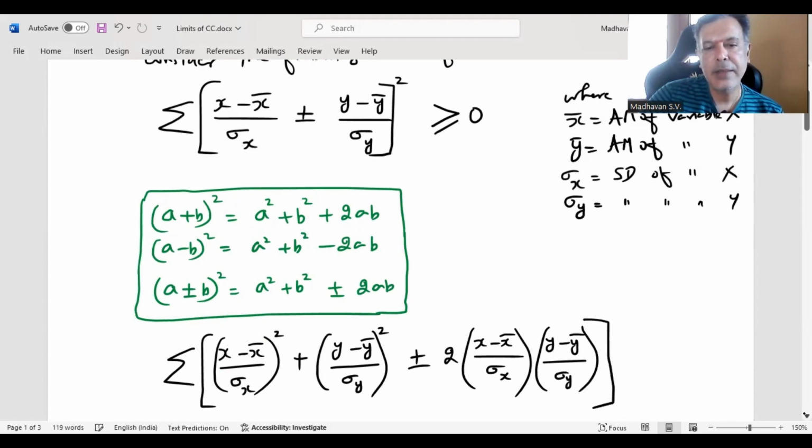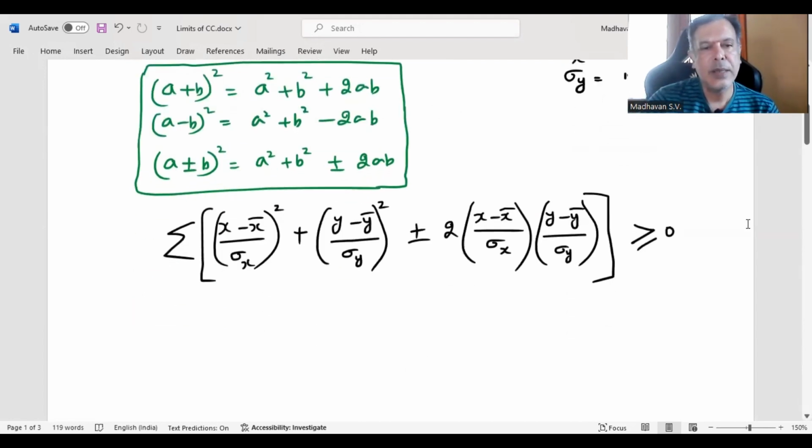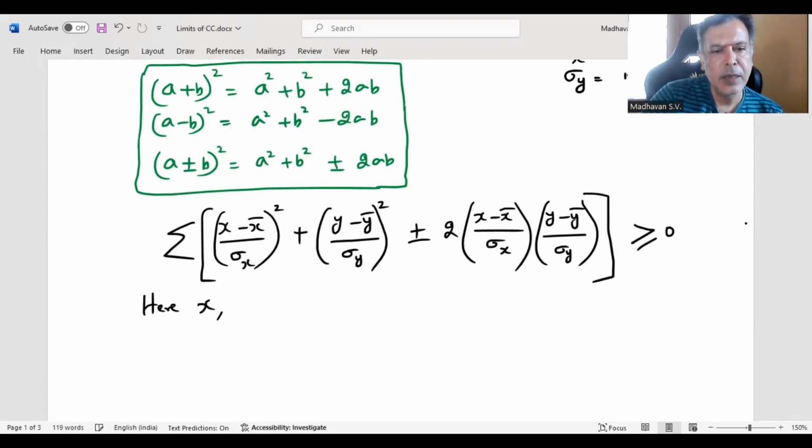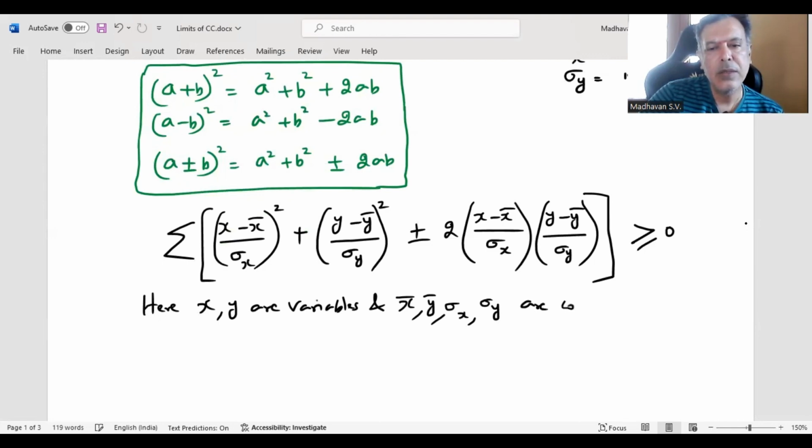Inside the brackets, this should be greater than or equal to 0. Right. Here we may notice x and y are variables and x bar, y bar, sigma x, sigma y are constants.